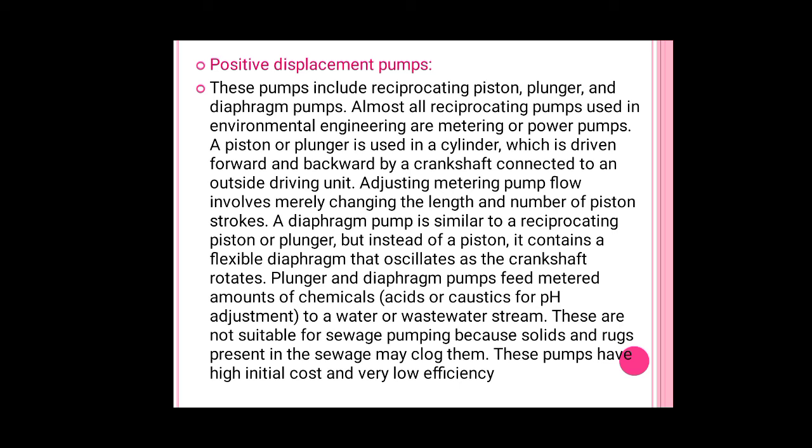So for the water or wastewater stream, these are not suitable for sewage pumping because the solids and rags present in the sewer may clog the pumps. These pumps have high initial cost and very low efficiency.